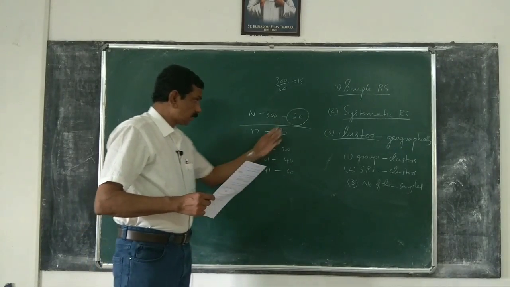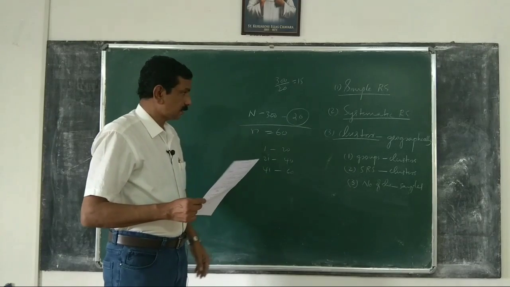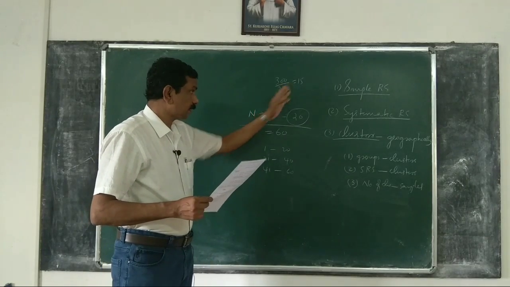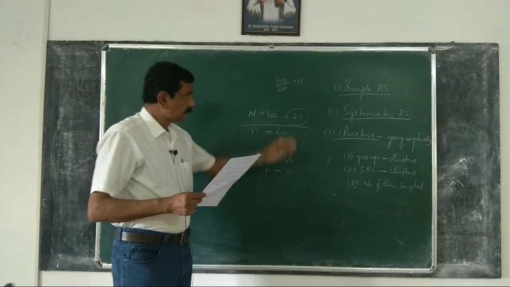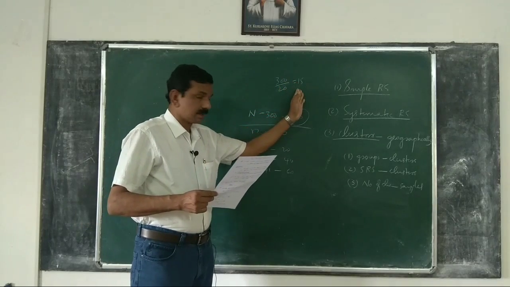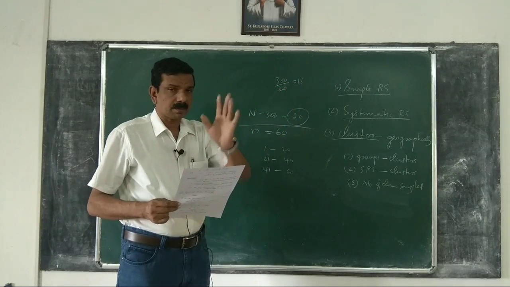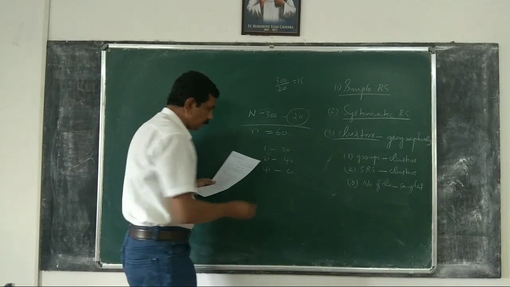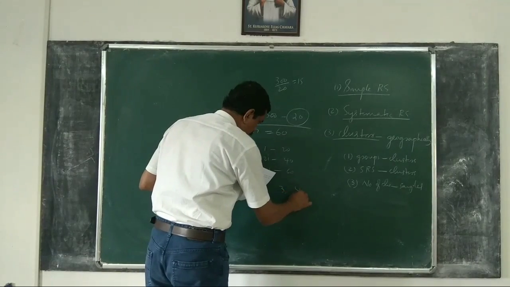So we have a total of 15 clusters, and from the 15 clusters, using random number tables, select 3. Let it be 3, 4 and 10.